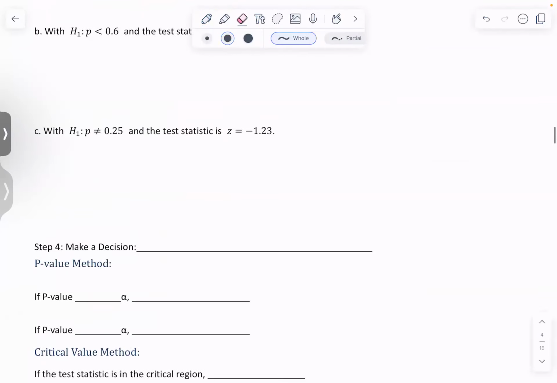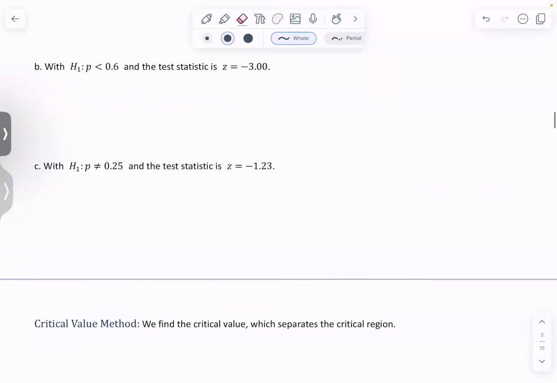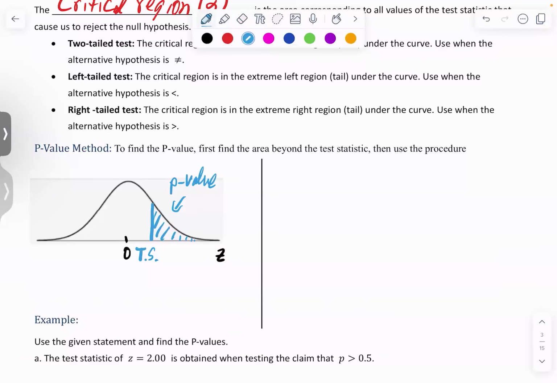Now, stop. Sorry, my computer's acting really weird right now. Stop that. Okay. Here, this is the rejection region, or the critical region. This is our alpha.